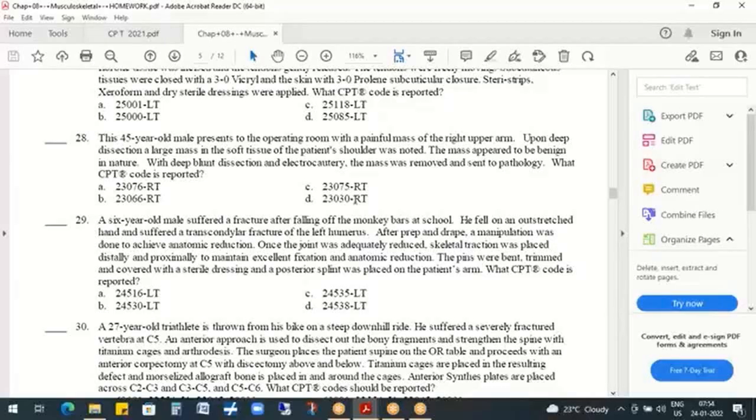What is the code description? 23066. It means deep, sir. Deep. Okay. Biopsy soft tissue of shoulder area, deep. Okay.